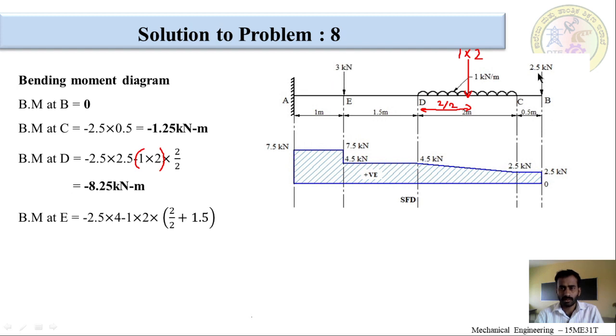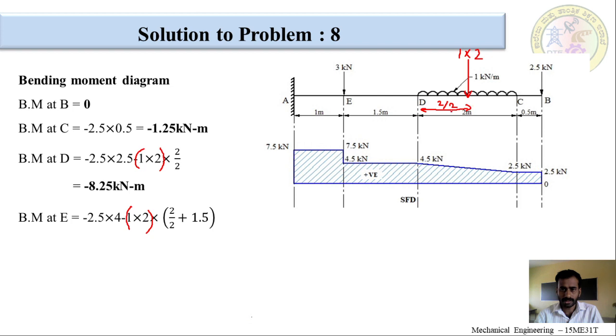Okay. So, 2.5 into, from E to this point, the distance is 3.5 plus 0.5, that is 4 meters. So, minus 2.5 into 4 meter, minus 1 into 2, this is the UDL, equivalent point load, it is 1 into 2.